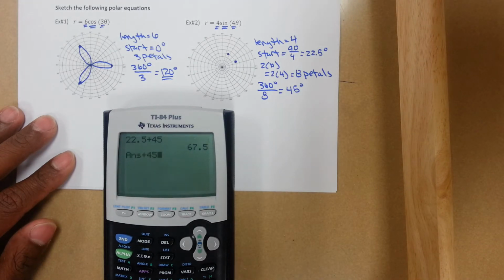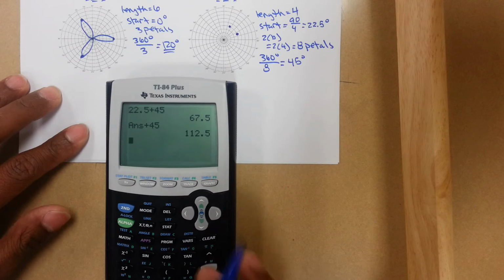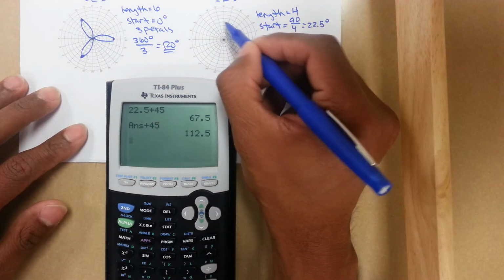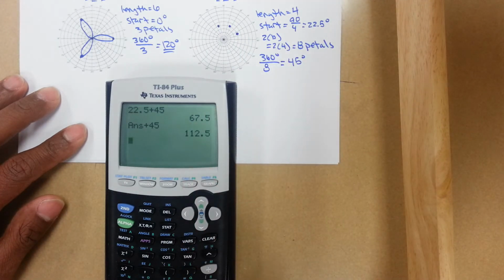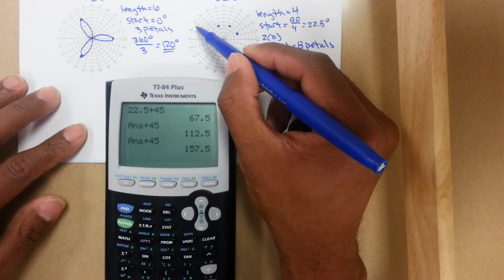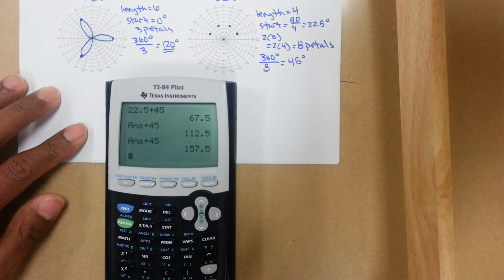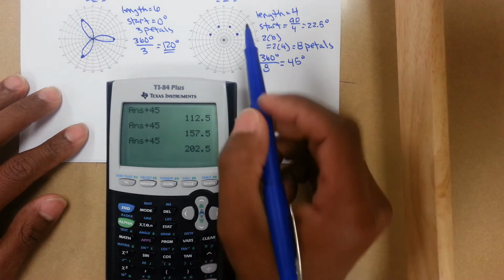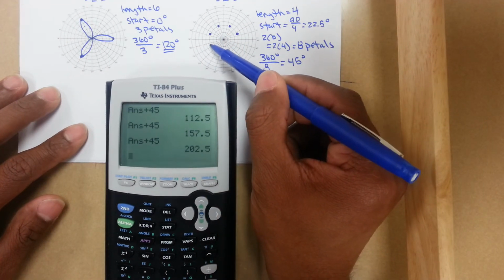I'm going to add 45 again to get my next petal. So now we're at 112.5. So here is 112.5. Add 45 again. Now we're at 157.5. Add 45 again. Now we're at 202.5. So here is 202.5.